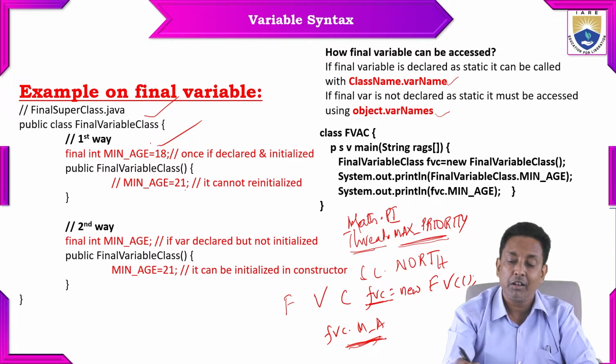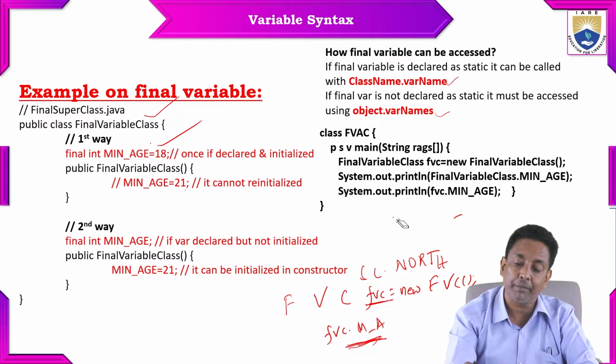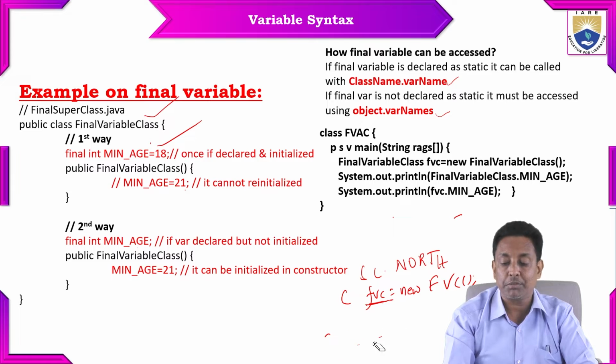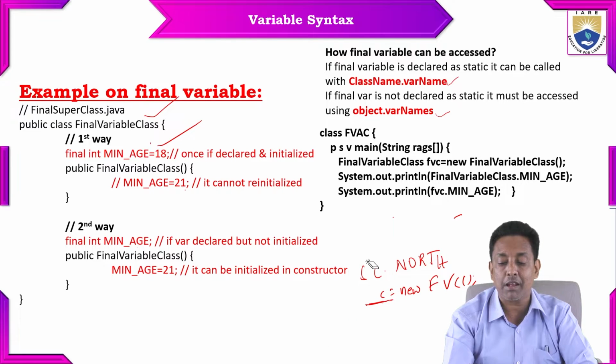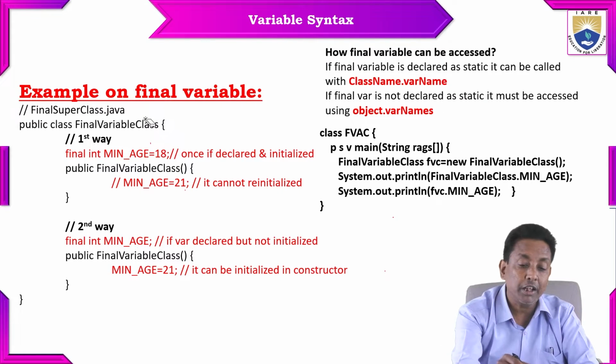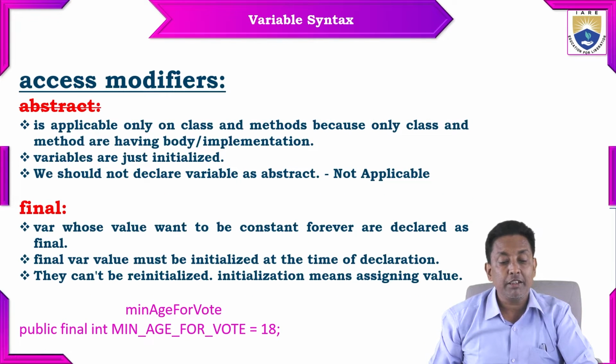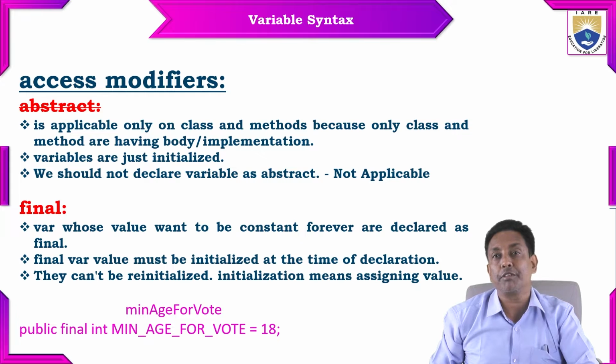Not 99, almost in all 100 occasions, final variables are accessed directly using class name dot variable. But how is it possible? How can a final variable be accessed by using class name dot variable name instead of object dot variable name? Can you guess it? There is one access modifier.